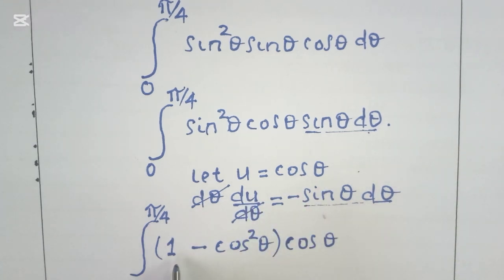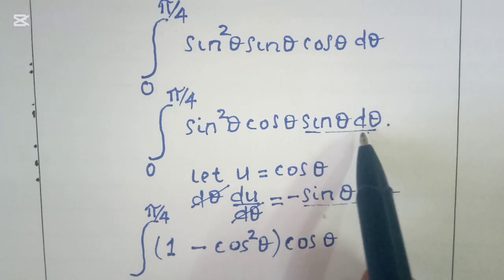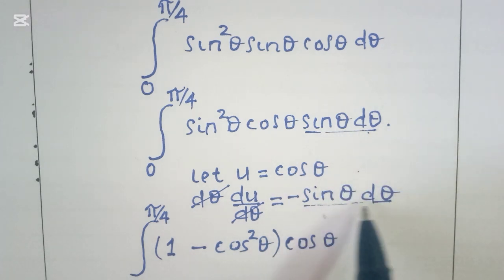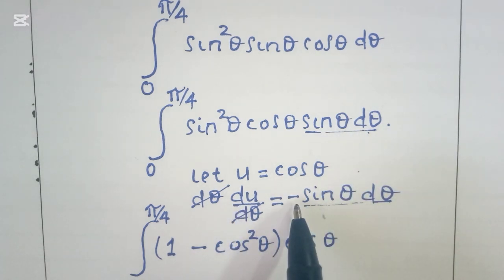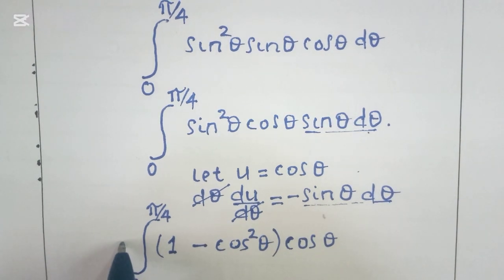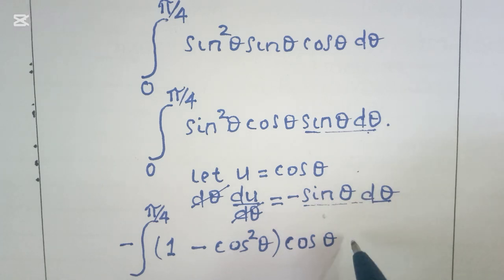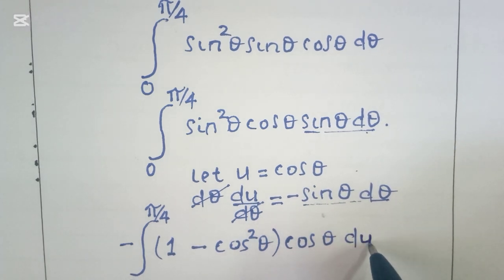So we will have to have everything having cos except the constants. So finally, sine theta d theta, we can now replace it by du. But remember, there is a negative here. So this negative, I can put it somewhere here, like that, so that I now replace my sine theta d theta with du.